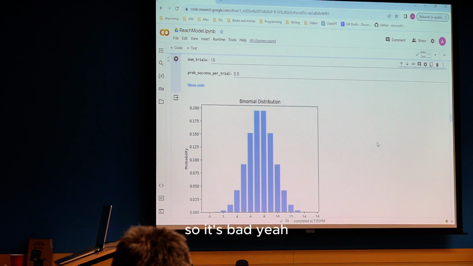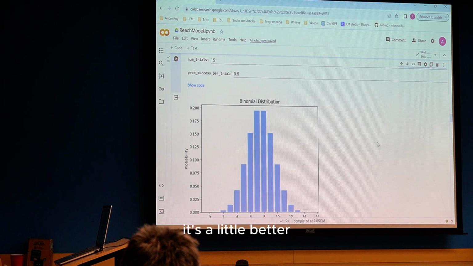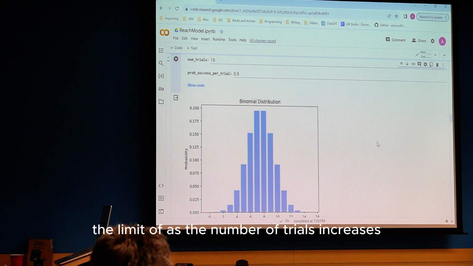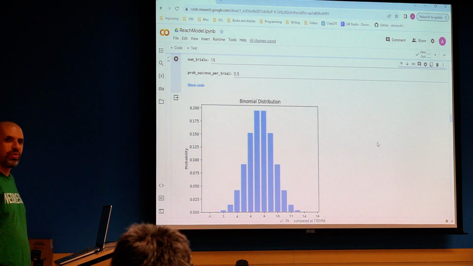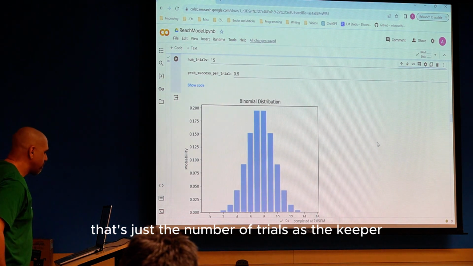I think when p is closer to 0.5, it looks a little better. But as the number of trials increases, the distribution becomes more normal. The number of trials is the key parameter, not p.